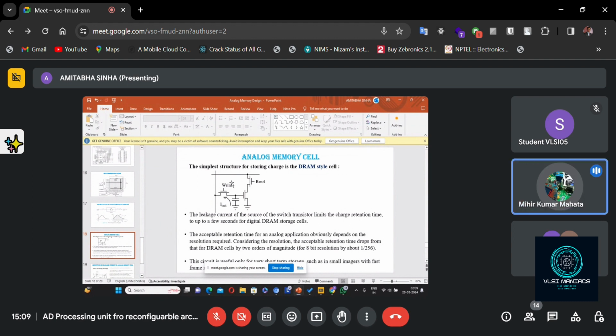Just a little bit of change you can do: write read bar. What I'm saying is that when you are going to read the data, or read write bar you can say, when read means 1. So when you are giving 1, what will happen? This transistor will be switched on, and whatever the data is here, you can read.